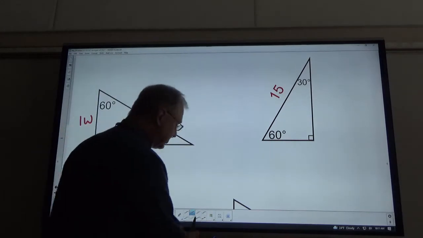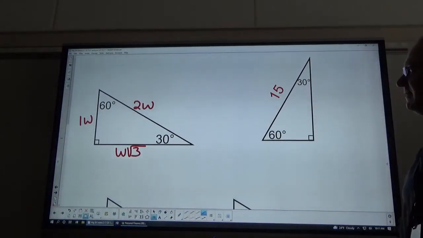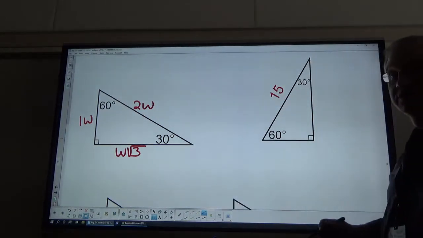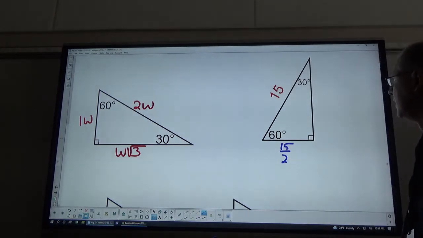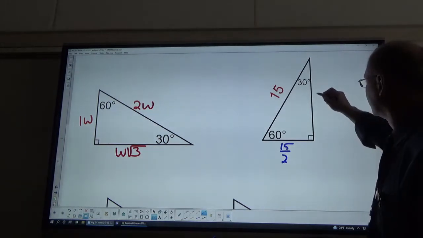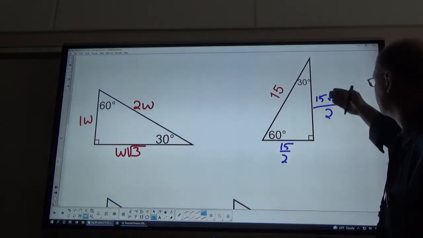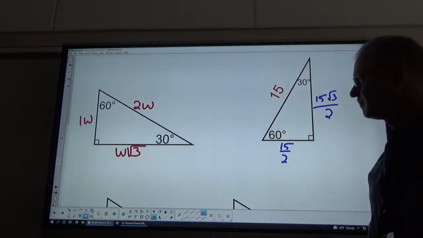If I start with this side being 15, that's the 2w side. So 1w is half that, or 15 over 2. The remaining side is the w square root of 3, or 15 square root of 3 over 2. We could have said 15 over 2 times square root of 3, same thing.